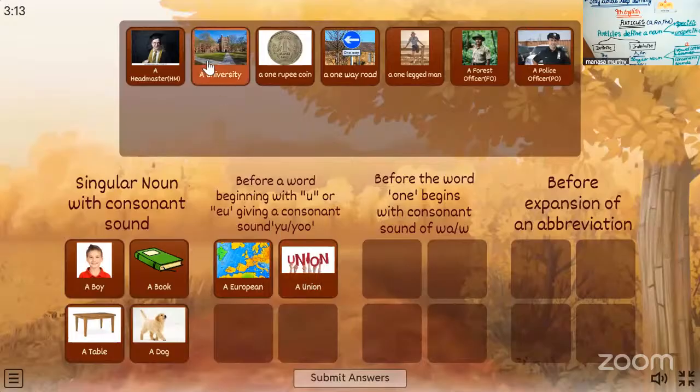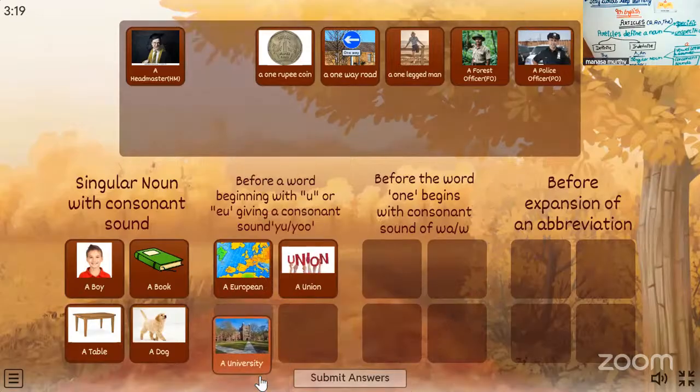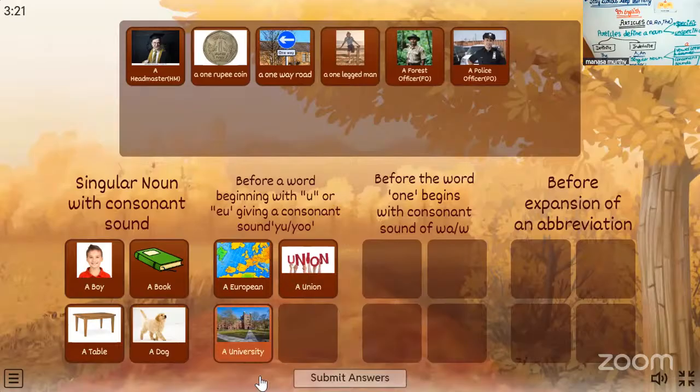University. It begins with the letter U or EU, having the sound as you. I hope only these many words have been mentioned here. Apart from this, if you have any idea, you can let me know. European, union, university, universal. Good.